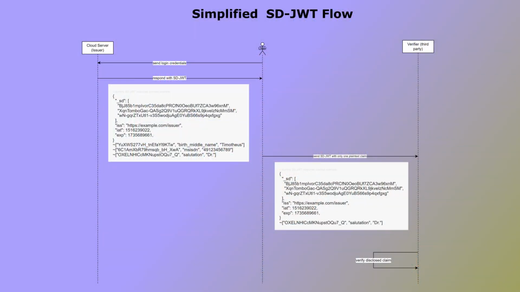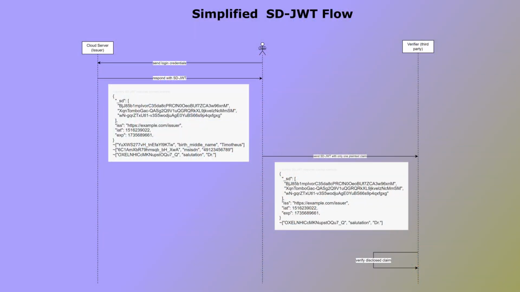So if you send this JWT to a third-party verifier that only needs to know about your username, for example, then the site can also see the rest of the information in the JWT, which is very bad for privacy. So this is where selective disclosure for JWTs, or SD-JWT, solves this problem by enabling the user to send only a few claims required by the verifier.